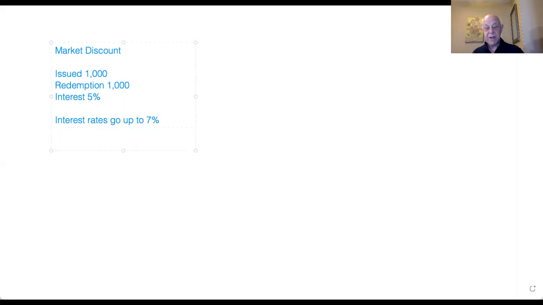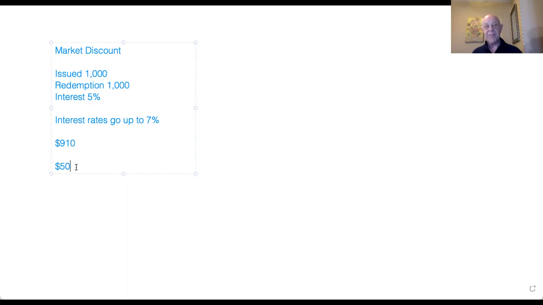This bond would be trading for close to $900. And why is it $900? Because you're going to be receiving $50 a year in interest. But if interest rates are at 7%, you should be getting more than that. And the 900 might be closer to, let's say, 910.